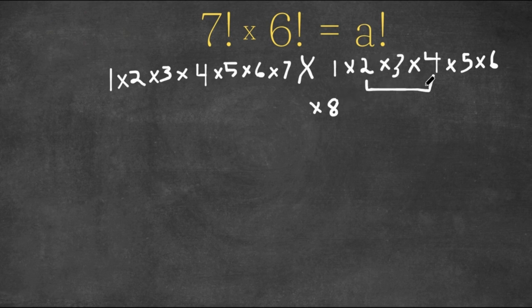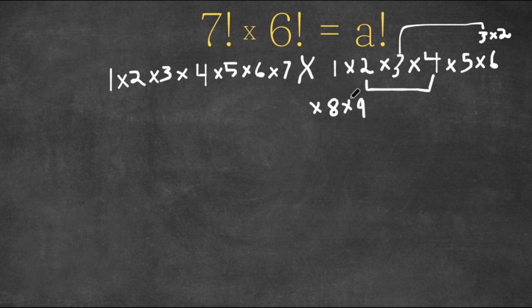Well, 9 is 3 times 3, right? As you can see, we already have one 3 over here, but we're missing another 3. Well, we could actually rewrite 6 as 3 times 2. Now we can get our 3 from here and multiply these two. 3 times 3 is 9, so we have 8 times 9.